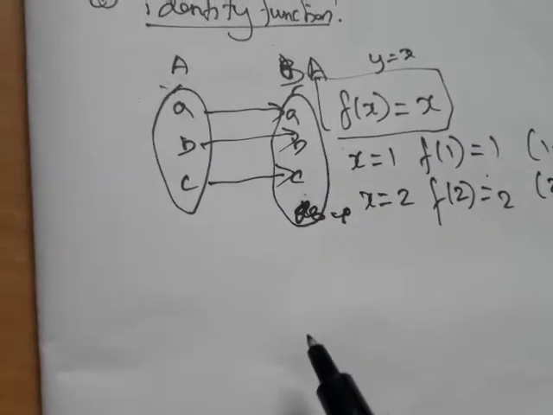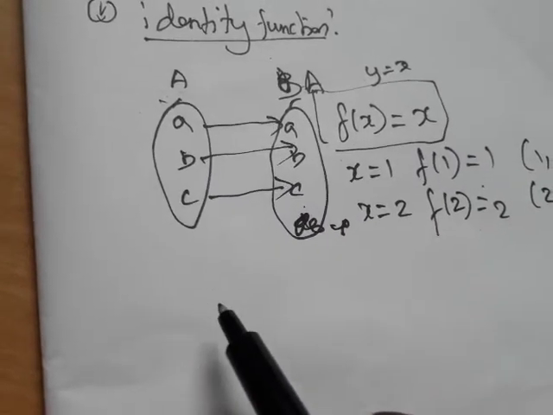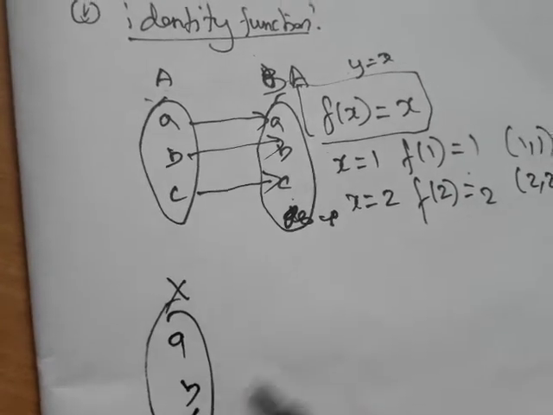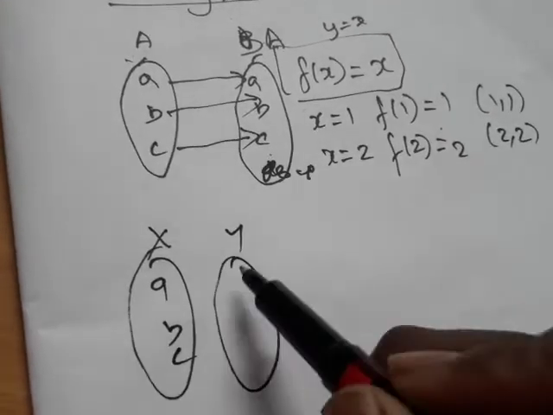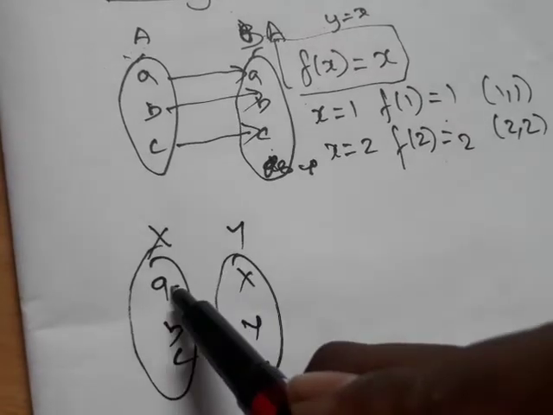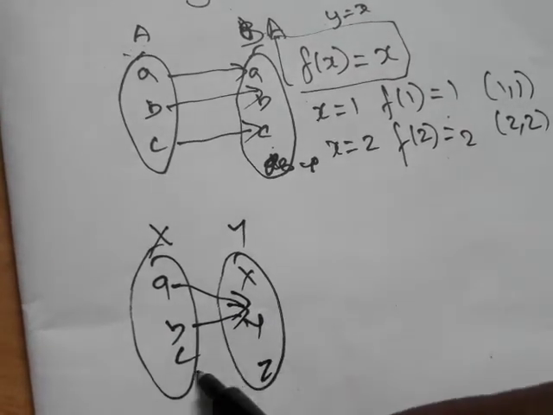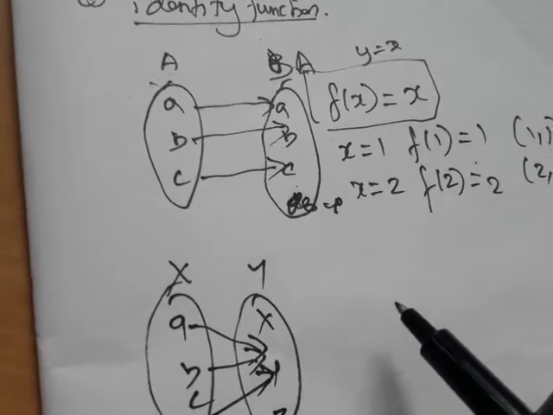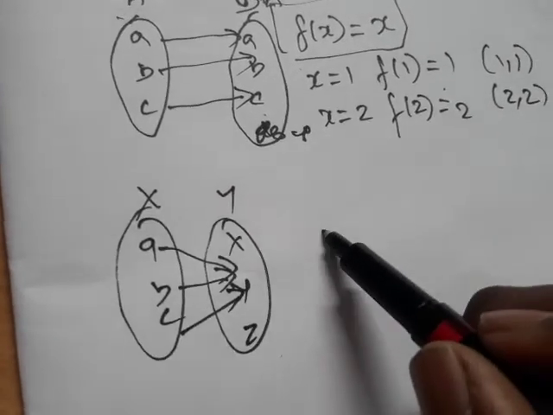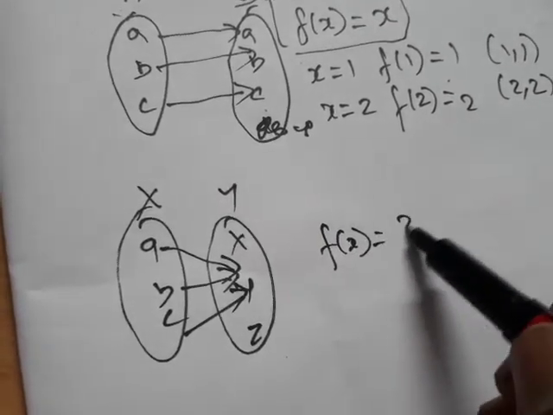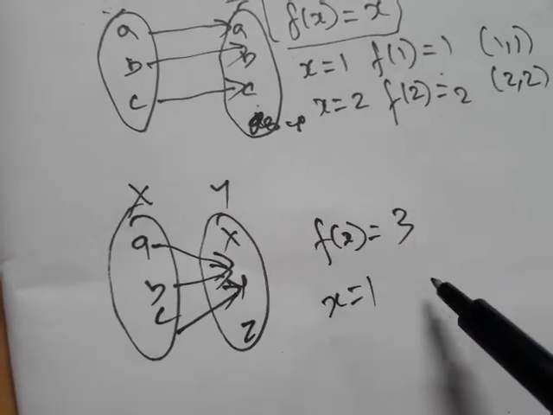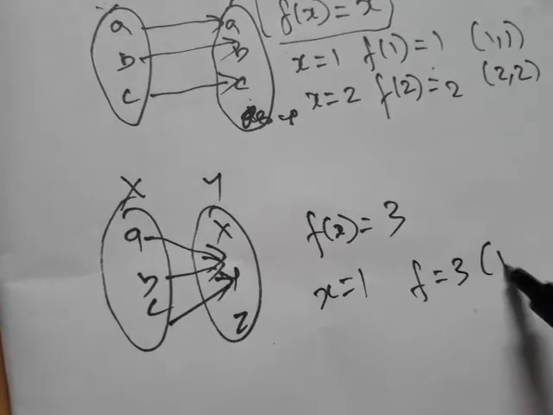Next I am going to tell about the constant function. For example, there is a domain a, b, c, and another one is a codomain x, y, z. If every element maps to the same constant number, then it is called a constant function. For example, f of x equal to 3. If I put x equal to 1, the function value does not change, that is 1 comma 3.